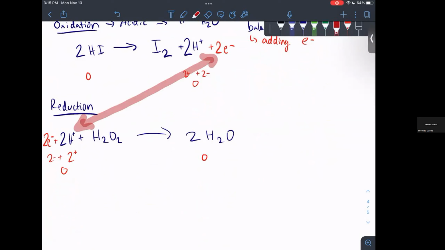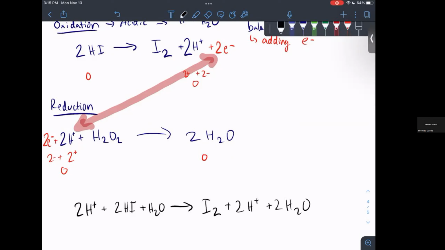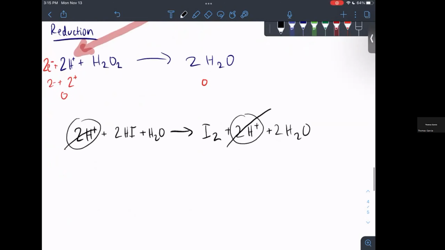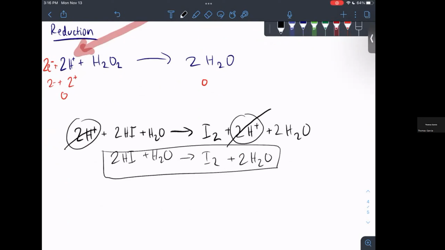So we can go ahead and combine our total reaction into 2H plus, 2HI plus H2O turns into I2 plus 2H plus, 2H2O. And then lastly, we have H plus on both sides, so we can actually cancel them out. And we end up with the same reaction we had before, 2HI plus H2O reacts to form I2 plus 2H2O, which is the exact reaction we had before, so we know we did our half reactions correctly.